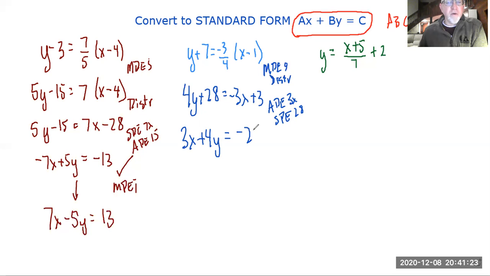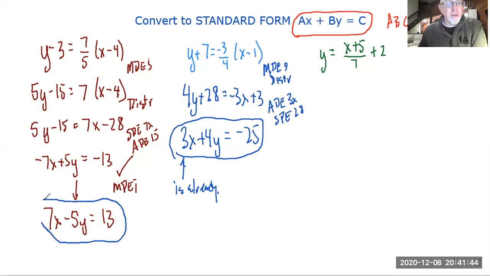That leaves negative 25. In this case, the 3 here is already positive. So I'm not going to change it. In the last one, you didn't have to change that in the maroon one. You didn't have to. But I said, I like that first term to be positive. All right, so both of these are good answers. But this is, in fact, a good answer also. This is totally fine.